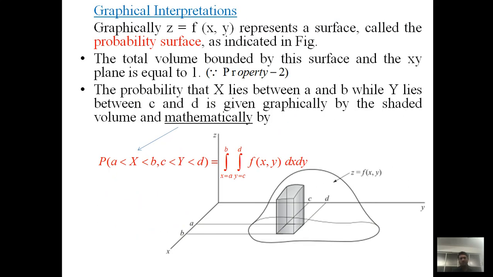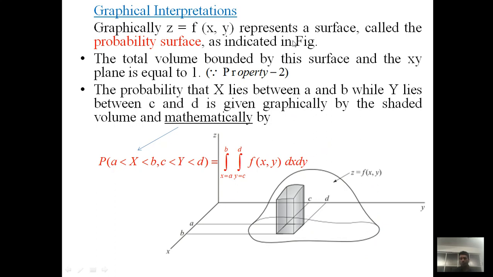What is the graphical representation or physical interpretation of a two-dimensional continuous random variable? Let's say f of xy equal to z represents a surface. This probability function represents this surface, and z is also known as the probability surface, as shown in the figure.